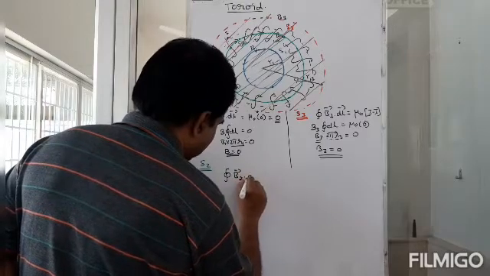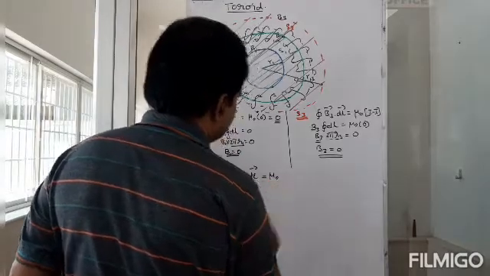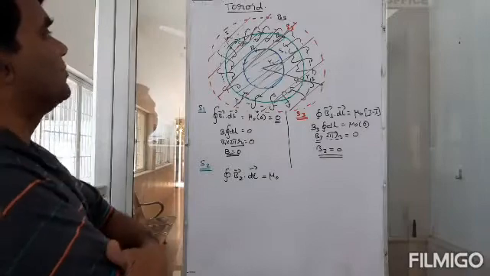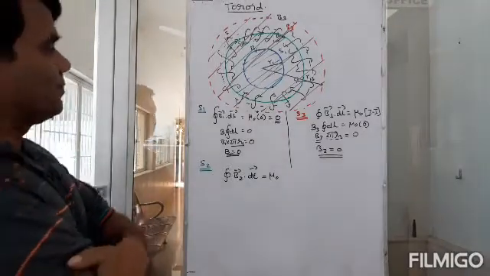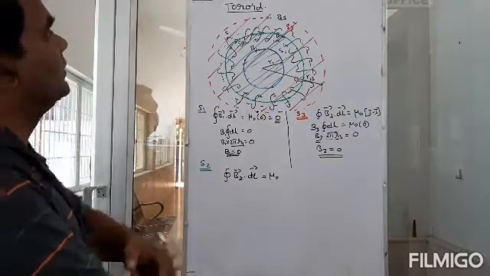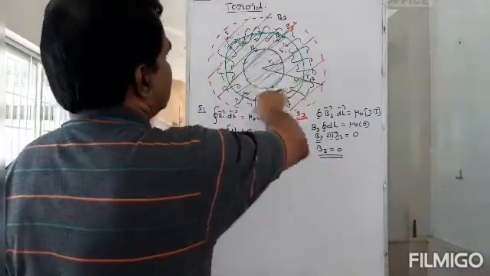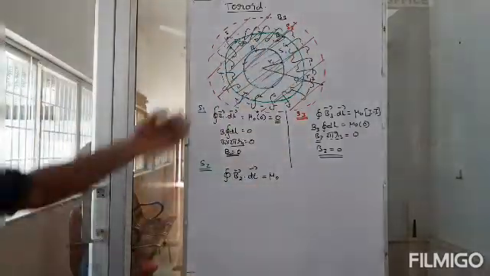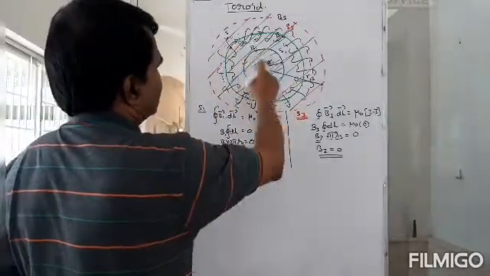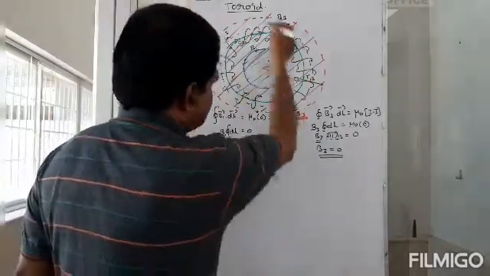B2 dot dl must be equal to mu naught times this. Well, let's say that I have 1, 2, 3, 4, capital N number of piercings, number of turns in the toroid. 1, 2, 3, 4, 5, 6, 7, N number of piercings, turns, right?